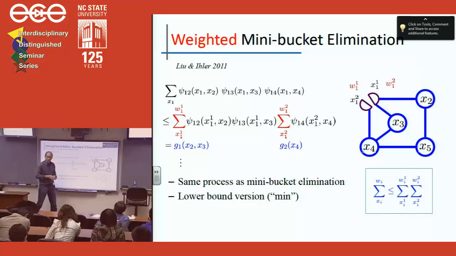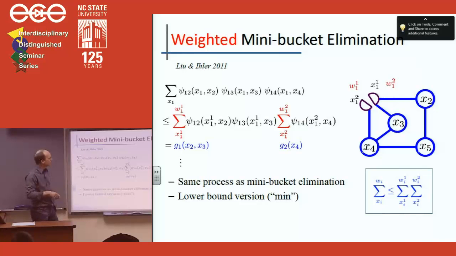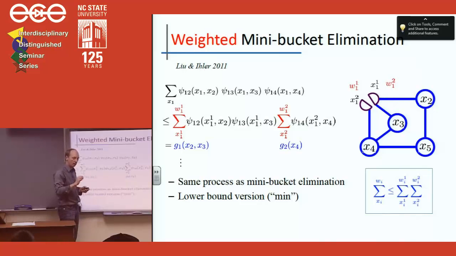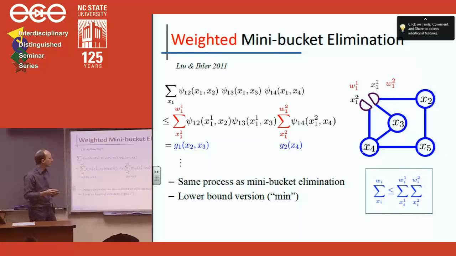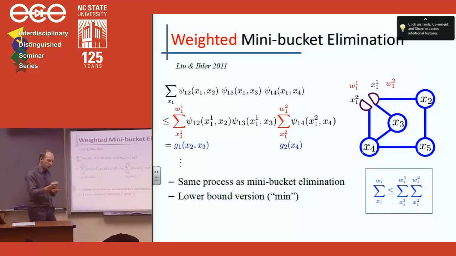So it's controlled entirely by one single parameter, which is how large of a table you're willing to accommodate. So the code is really easy. There's only a scalar parameter to control. And it's easy to predict how much memory it will take. So you can choose that parameter so that you use as much memory as you have and no more.